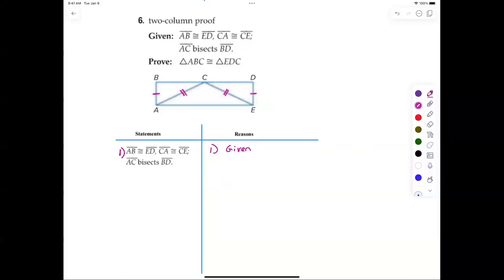All right. So now I need some help with the meaning of this. What does the meaning AC bisects BD?